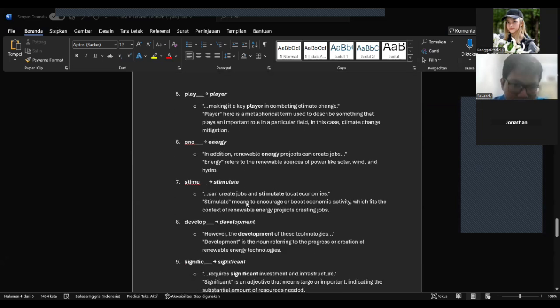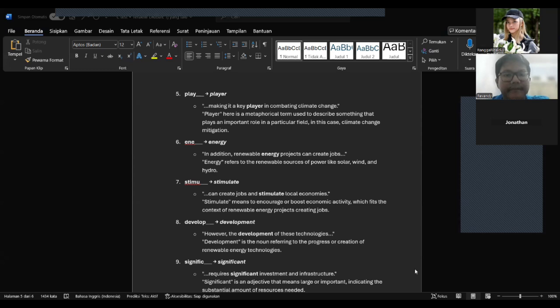Next, in number five, the word "player" here is a metaphorical term used to describe something that plays an important role in a particular field, in this case, climate change mitigation. Number six, the word "energy" refers to the renewable source of power like solar, wind, and hydro.